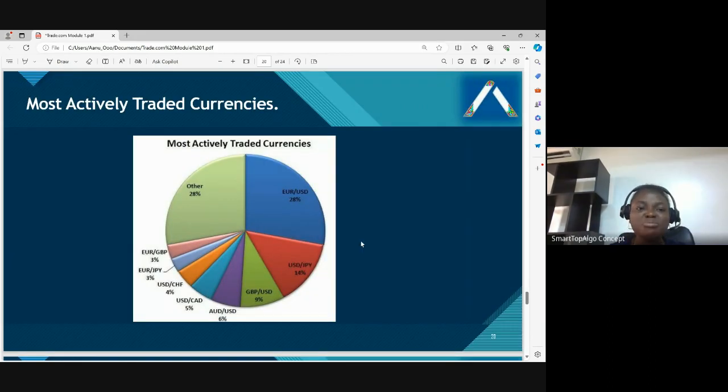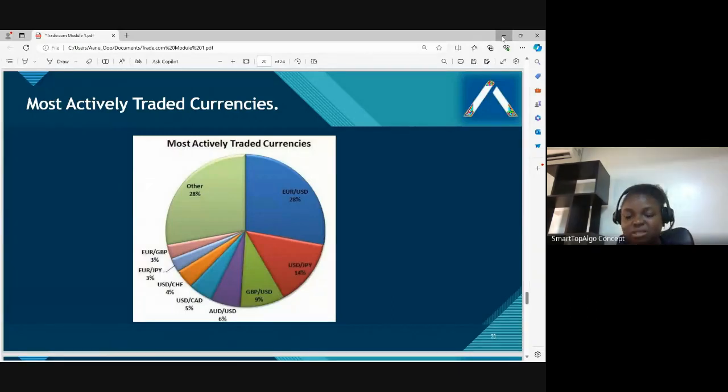Now let's look at the most actively traded currencies. Which are those currencies that people trade more? You can see the highest is EUR/USD. People trade EUR/USD more, followed by USD/JPY, followed by GBP/USD, before we have the rest.